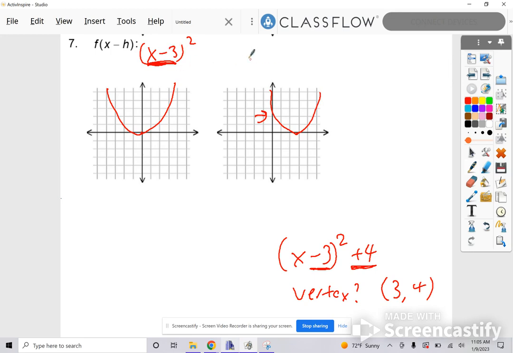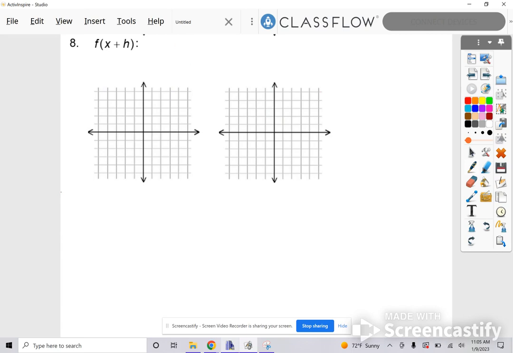Okay, so minuses are right shifts. Okay, whereas positives are going to be left shifts. So like x plus 2 quantity squared, again, parent function, it's going to move left 2.